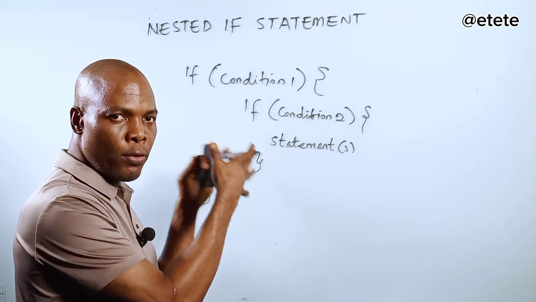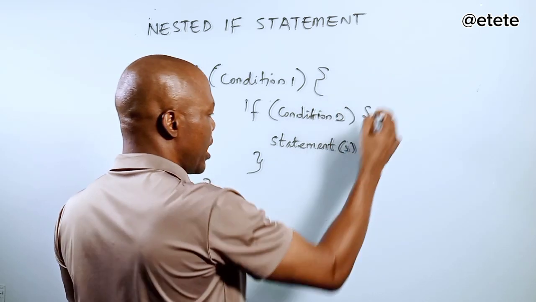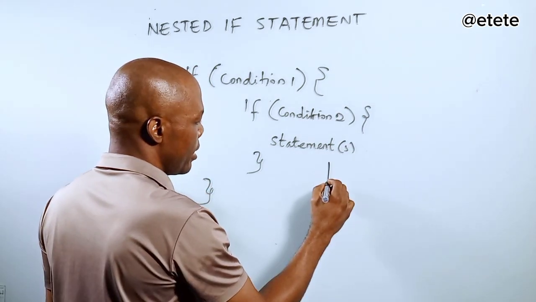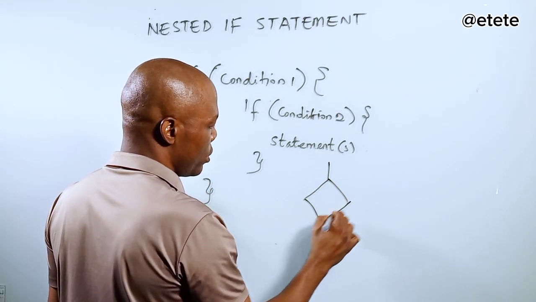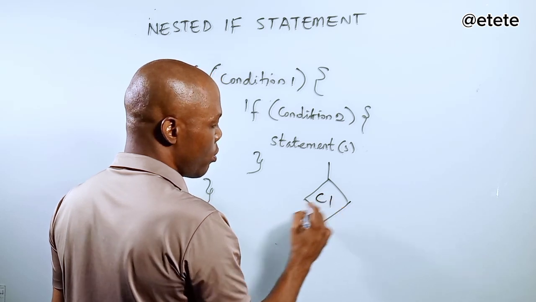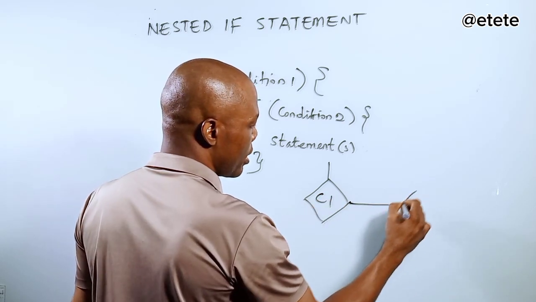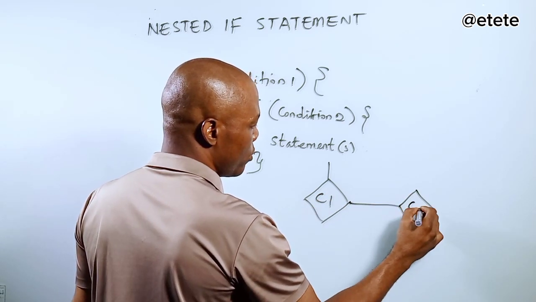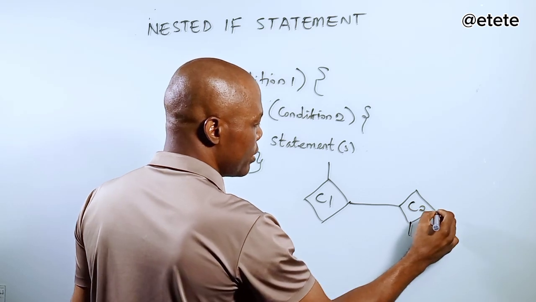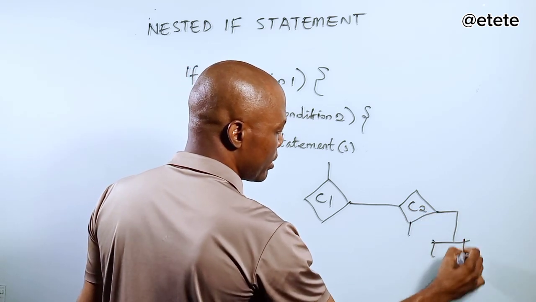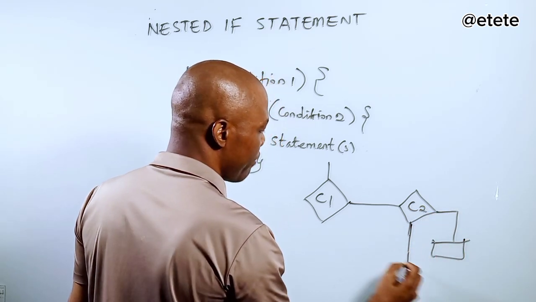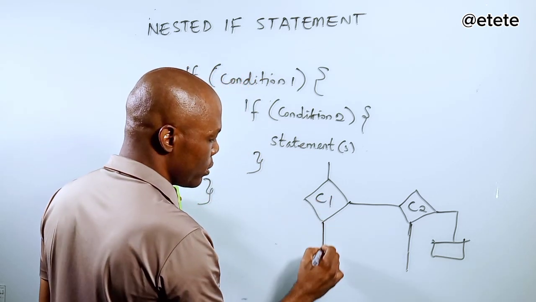Now, how do you draw the flowchart for this? So you can simply come here and say you are testing the first condition. Then if this condition one is true, you go in and test the second condition, which is condition two. Now, if this is true, you print out a statement. If it is false, you have this. Now, if this one is false, you have this.